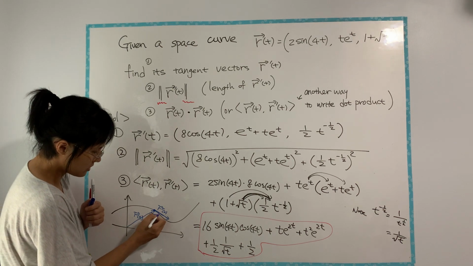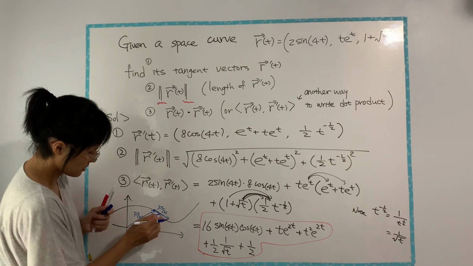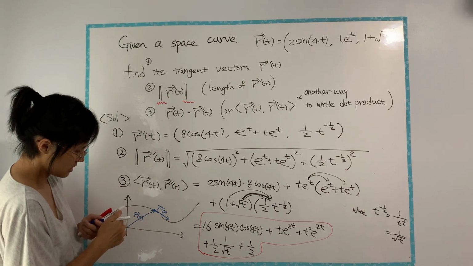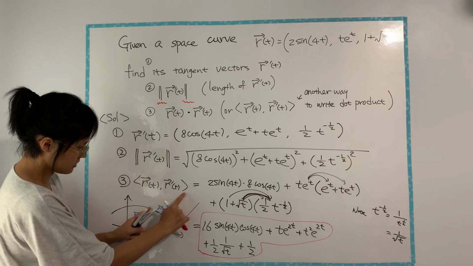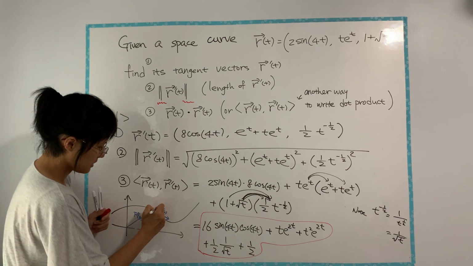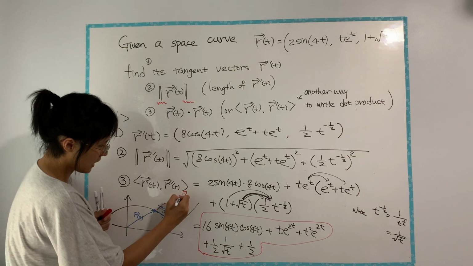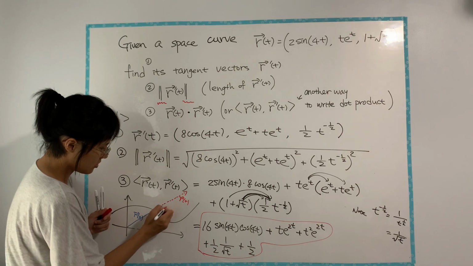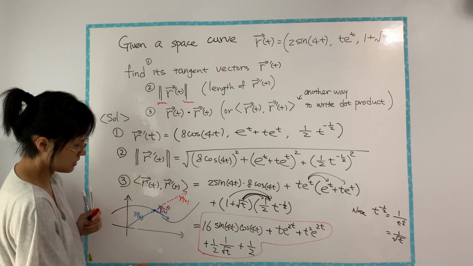And when I do the dot product, what do I do? Let me push this vector a little bit more forward. This is the identical copy of r of t. Now I have an angle theta between r prime of t and r of t.